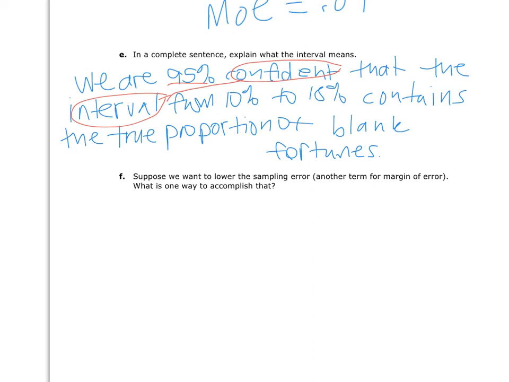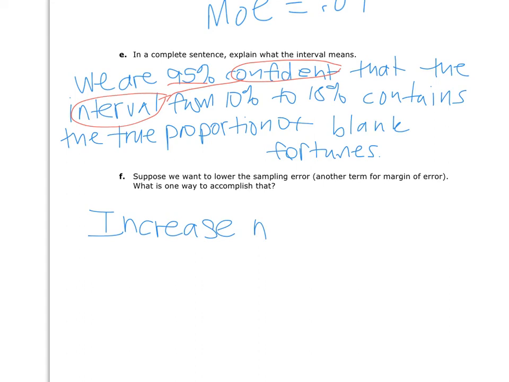So let's look at the next one. Suppose we want to lower the sampling error, which is another way we could talk about margin of error. And how do we accomplish that? Hopefully you're thinking through those different ways, and one of them is to increase the sample size. That will reduce the margin of error, the sampling error. So increase n.